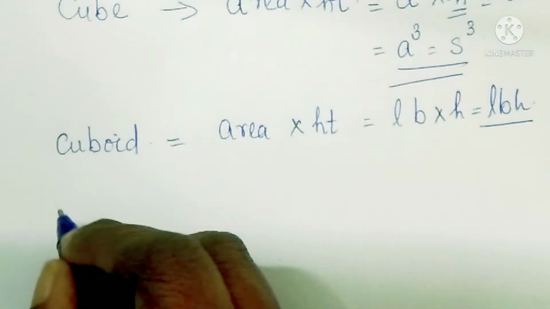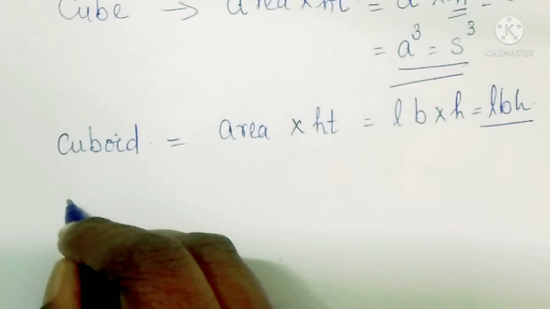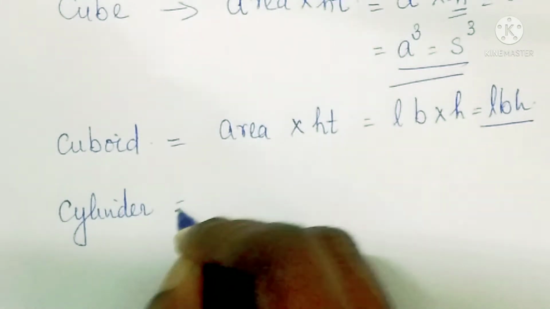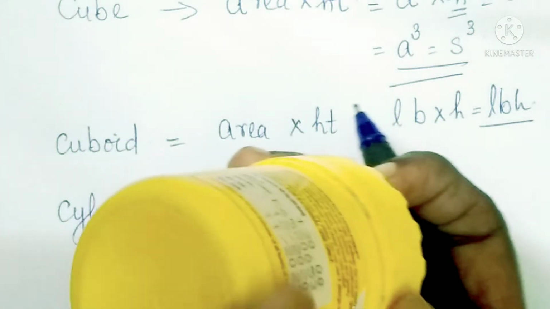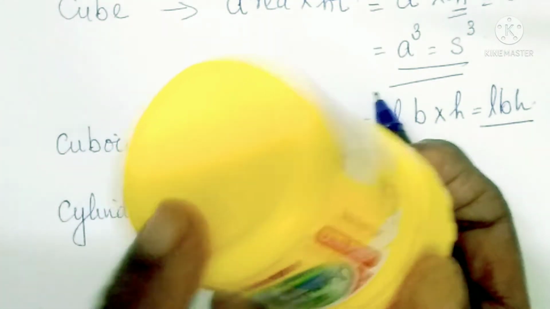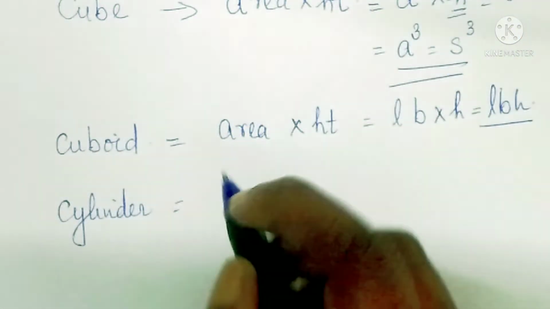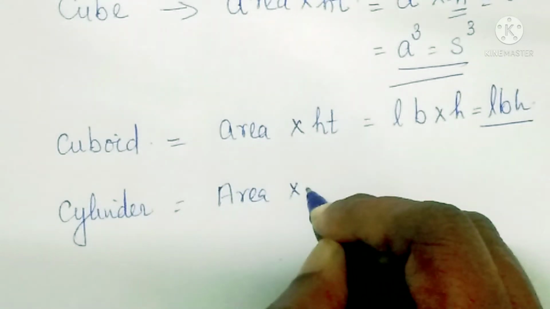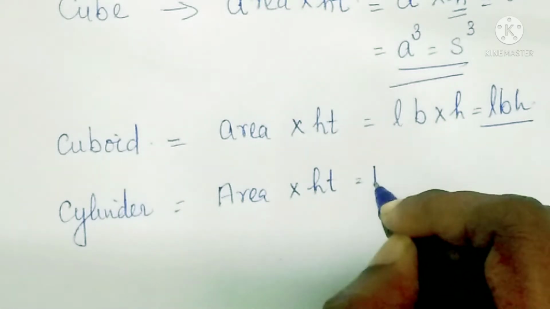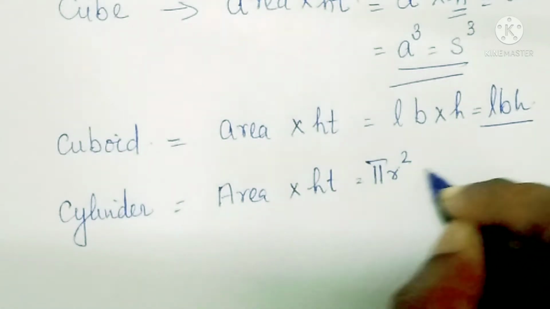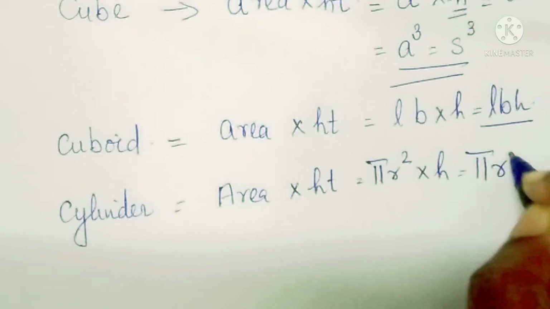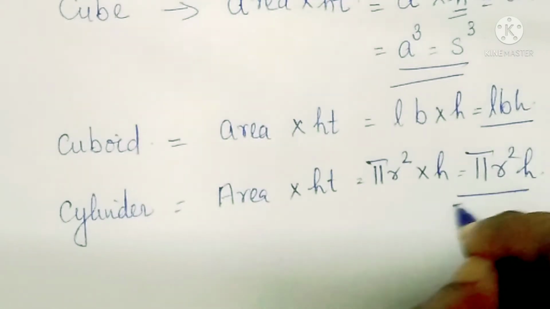So volume of cylinder is equal to the area of this portion, what is the shape here? Circle. Area of the circle is pi r square. So area into height is pi r square into h, that is equal to pi r square h.